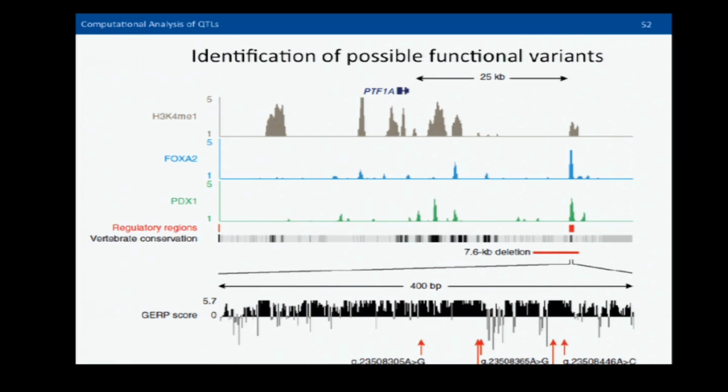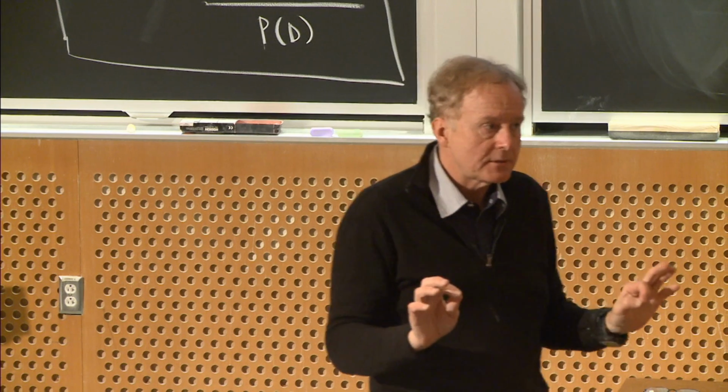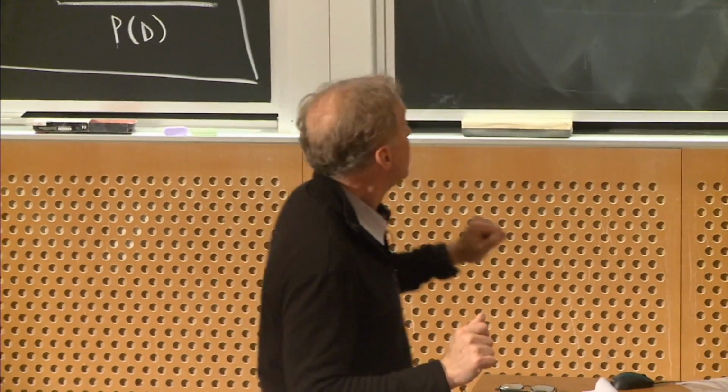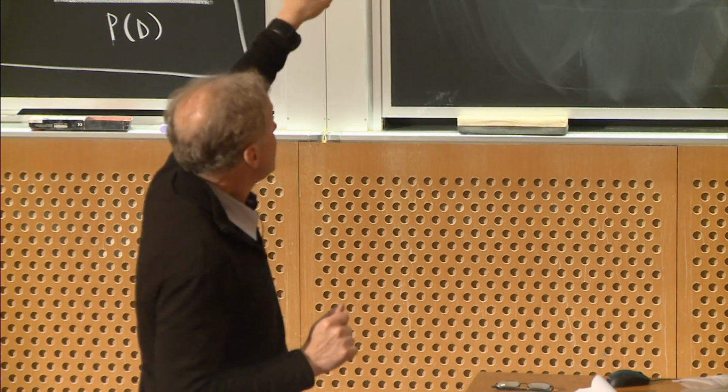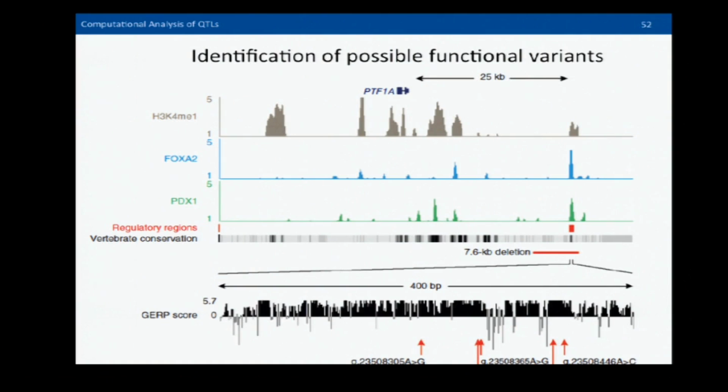And recall that we said that certain histone marks were present typically over active enhancers. And so you can see the H3K4 monomethyl mark being present over that little red box, as well as the binding of 2 pancreatic regulators, FOXA2 and PDX1.